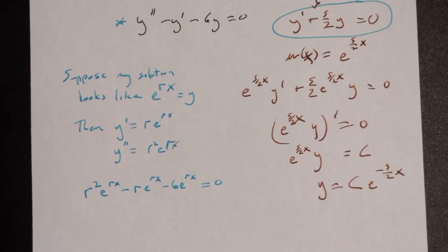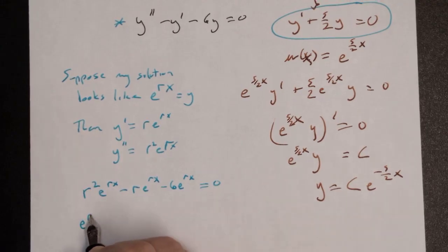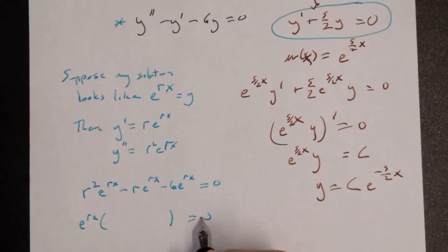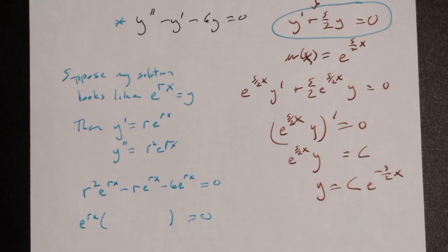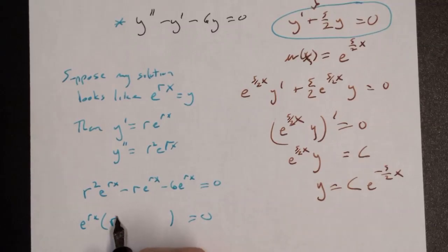Everything in there has an e to the rx, right? Factored out. What are you left with? Not just any polynomial, a quadratic.